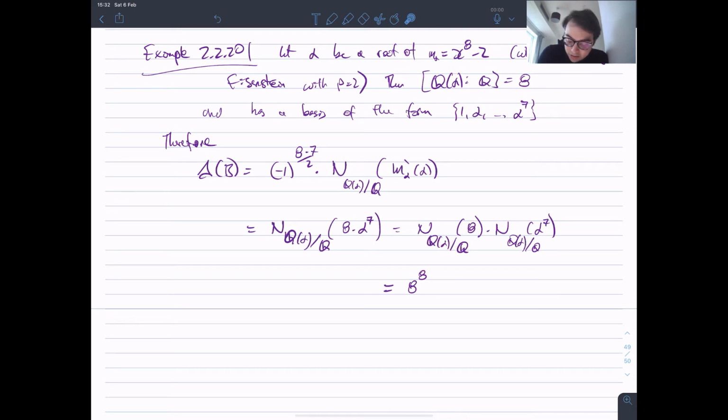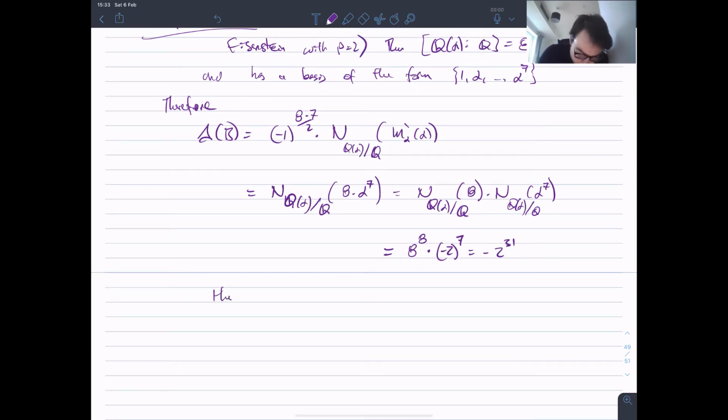So if this was 9, then you get 9 to the 8. You get 8 to the 8 times the norm of alpha to the 7. And you just got to figure out what the norm of alpha is. The norm of alpha is minus 2. So this is minus 2 to the 7, which equals minus 2 to the 31.